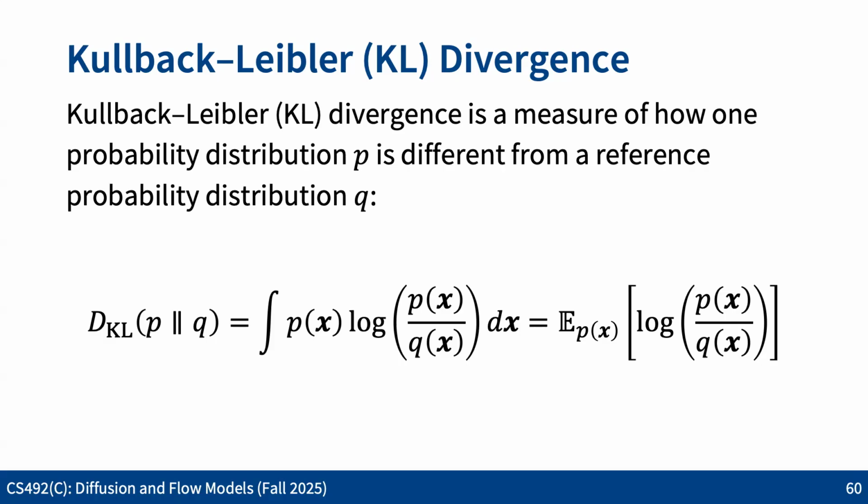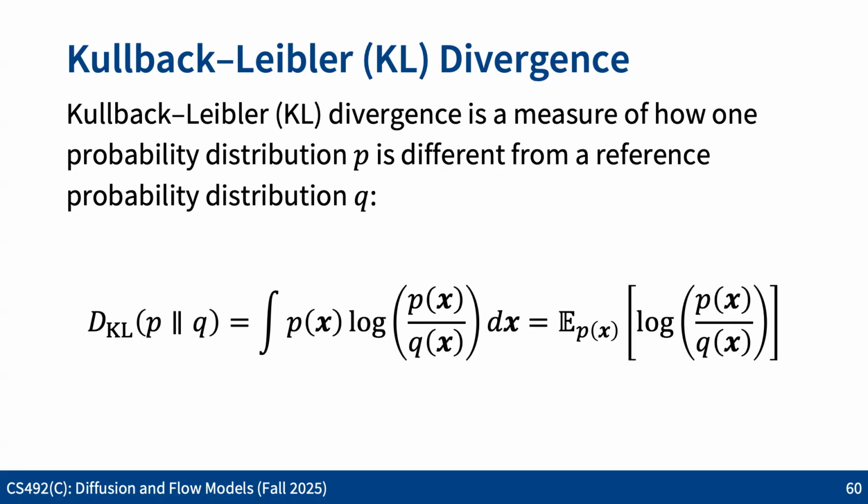When you switch p and q, the quantity of the Kullback-Leibler divergence will change. So you can think of it as an asymmetric way to measure, not exactly the distance, but how far the given distribution is from the reference distribution q here. So this is a way to measure the difference between the two distributions.